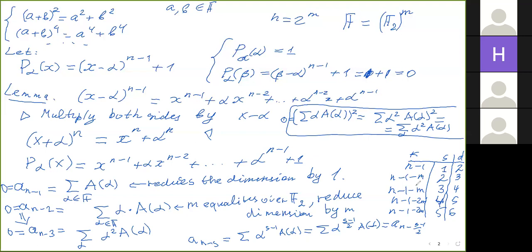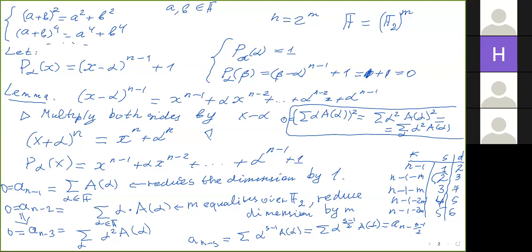So for 2 and 3, we obtain the same dimension, but the distance for 3 is larger.